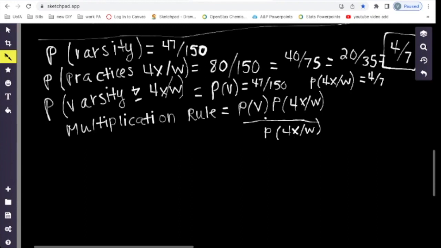So the probability of them being on varsity, we saw, was 47 out of 150.